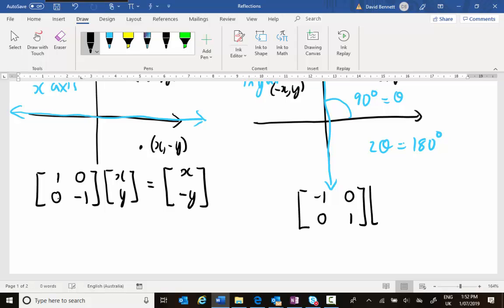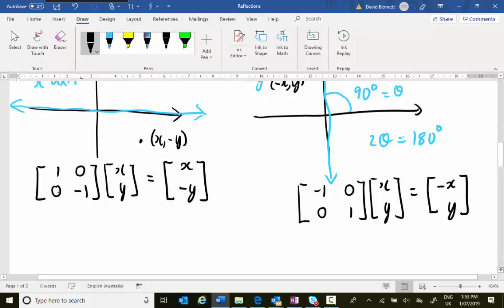Right, so if we multiply that by x and y, then we're going to have minus 1 times x plus 0 times y, which is going to be minus x. And then we're going to have 0 times x, 1 times y is going to give us y. So that is our reflection in the y-axis.